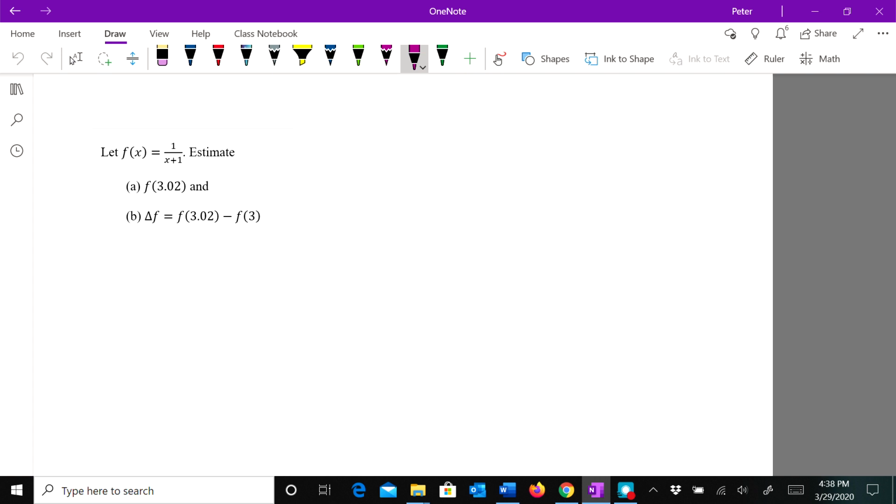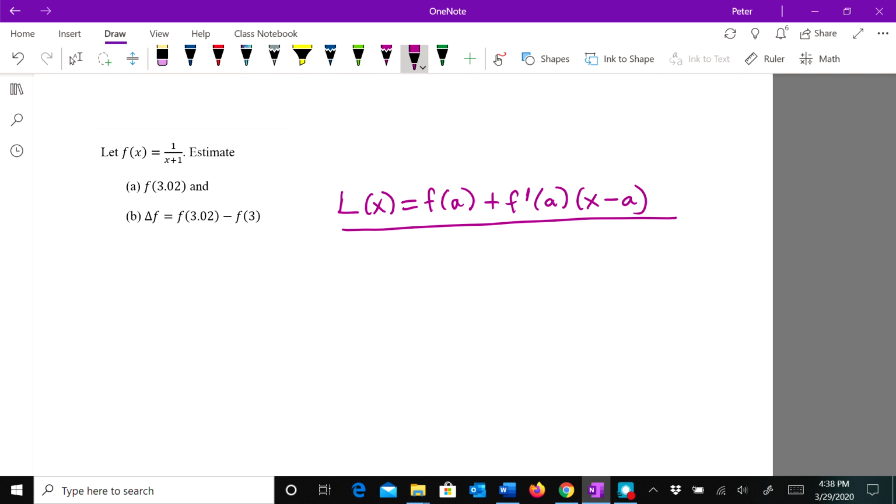Recalling that the formula for the linearization is f of a plus f prime of a times x minus a, we'll just put that up there so we can use it.